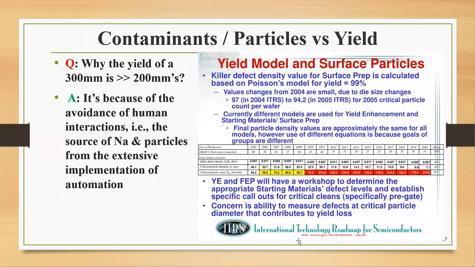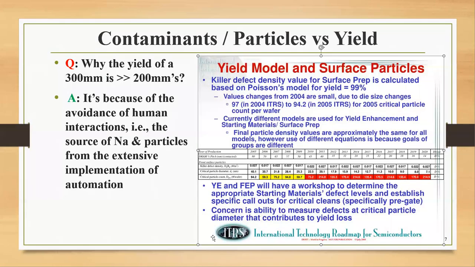With this in mind, the ITRS, the International Technology Roadmap for Semiconductors, estimated how many defects you could have for every generation. In 2005, the critical particle diameter was 94.2 nanometers.